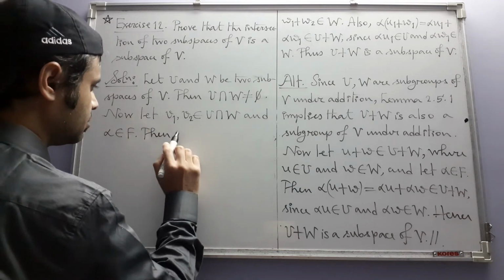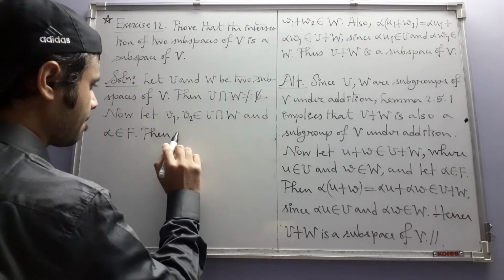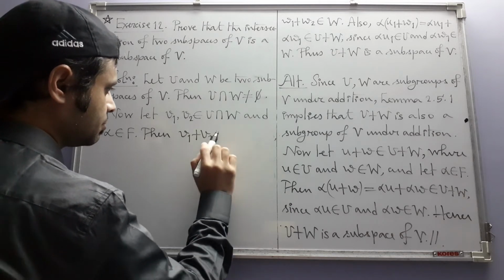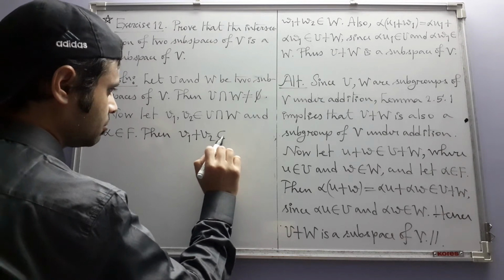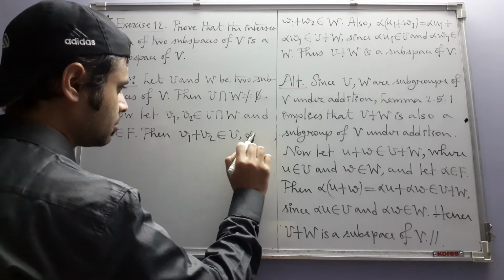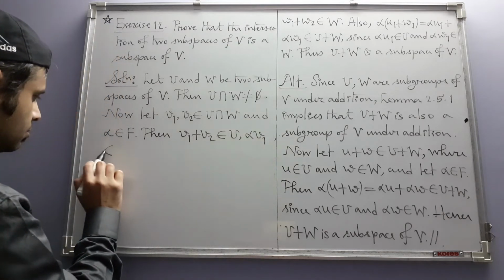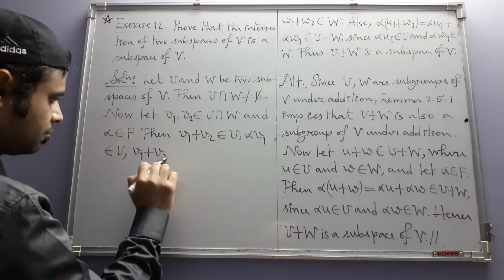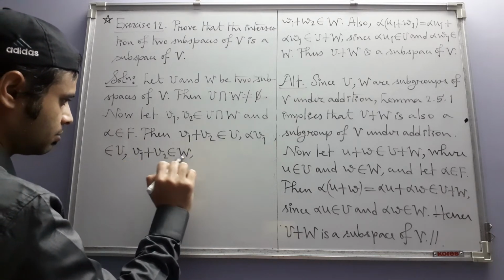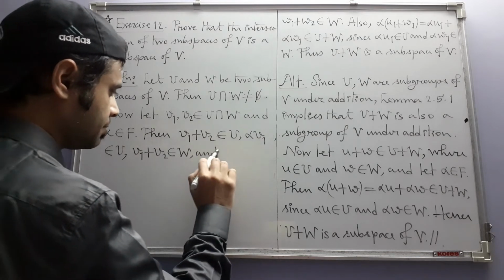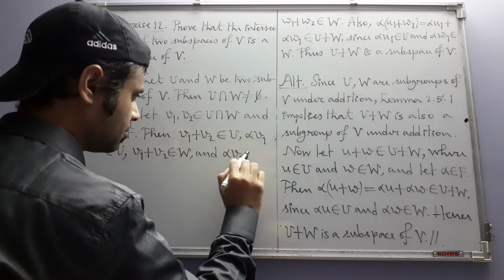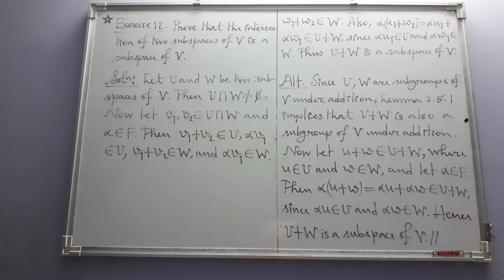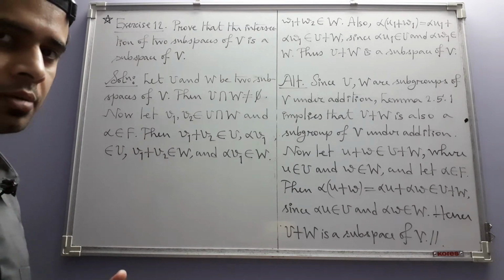Then V1 plus V2 belongs to U, alpha V1 belongs to U, V1 plus V2 belongs to W, and alpha V1 belongs to W. This is because U and W individually are subspaces.